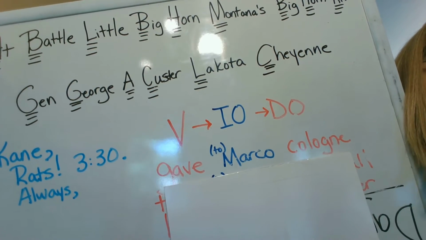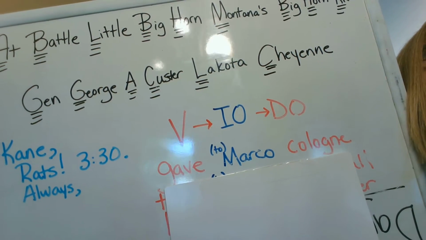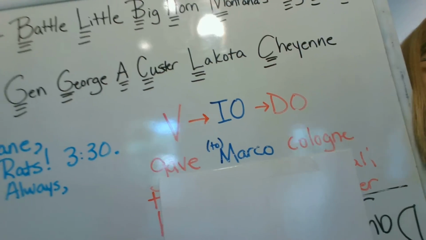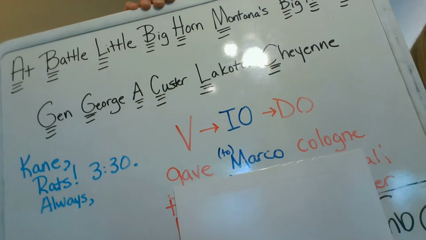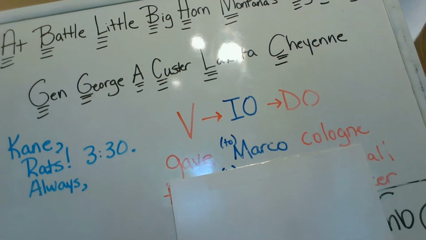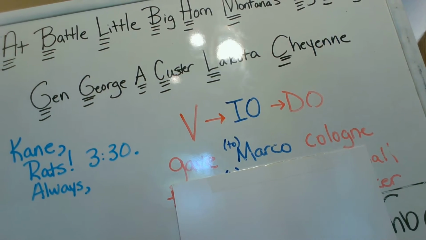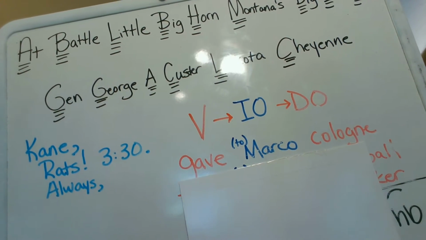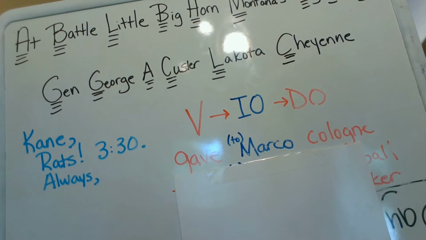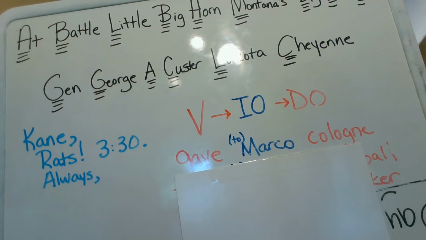You can mentally place to or for before an indirect object. So if you've got a sentence and you've figured out the verb and the direct object and there's still a word in between the verb and the direct object, chances are really good you're looking at an indirect object. Now I'm going to give you a sample sentence that's not on the worksheet and see if you can figure it out.